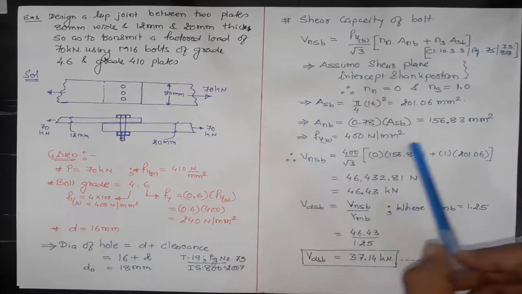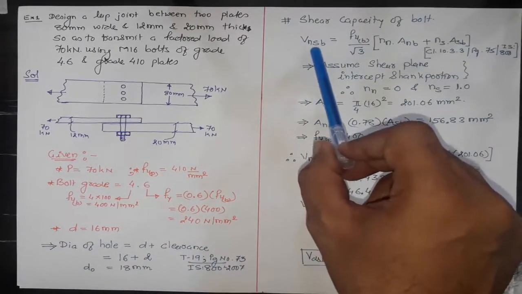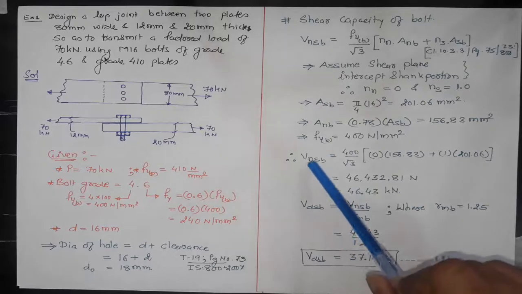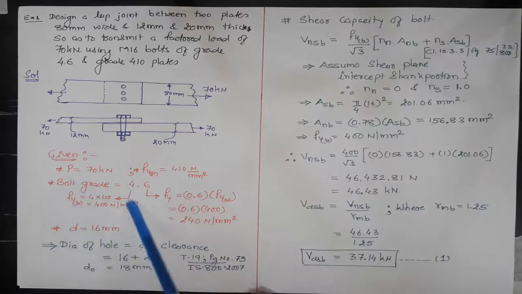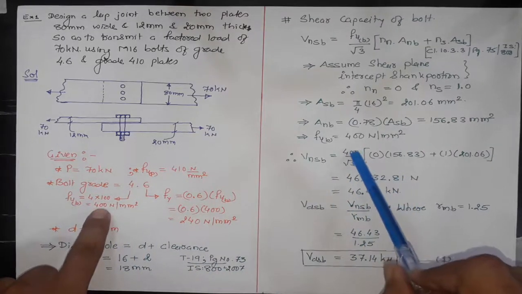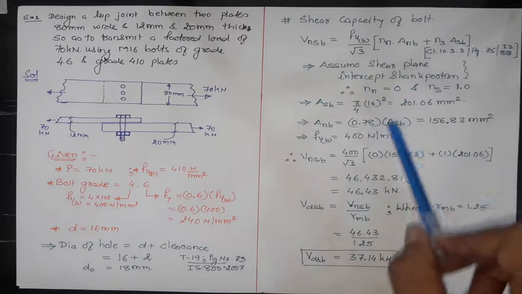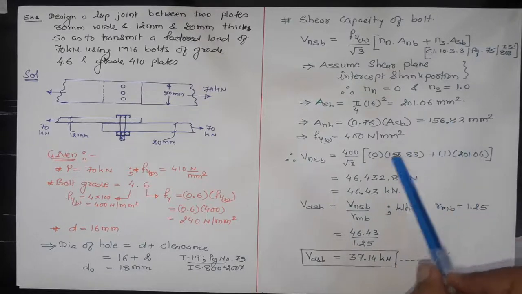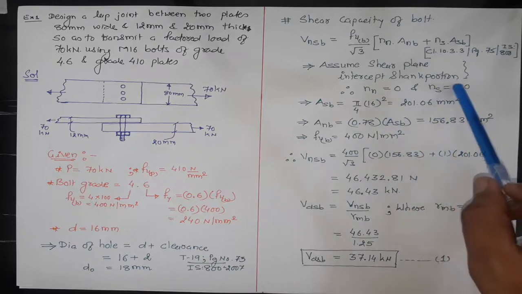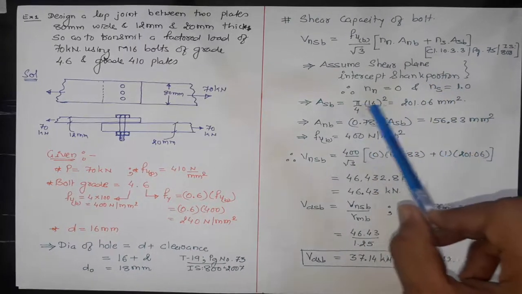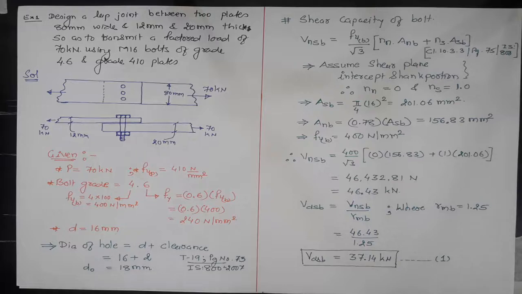Substituting all these values and these given values in our equation to find the nominal shear capacity of bolt, therefore nominal shear capacity of bolt will be FUB, this is 400, 400 divided by the constant, that is under root 3, into bracket NN is 0, therefore 0 into ANB is 156.83 plus 1 into ASB, that is 201.06, comes out to be 46.43 kilonewton.